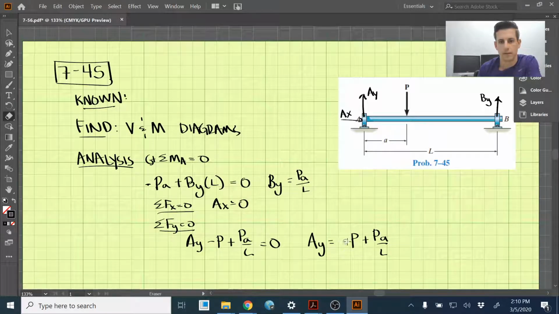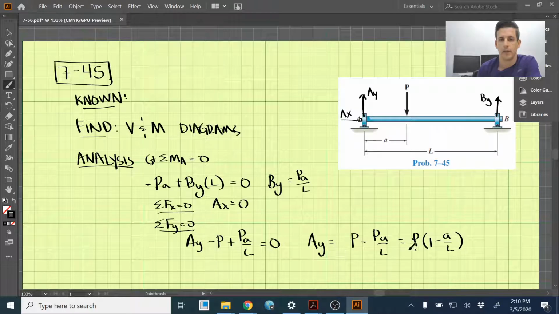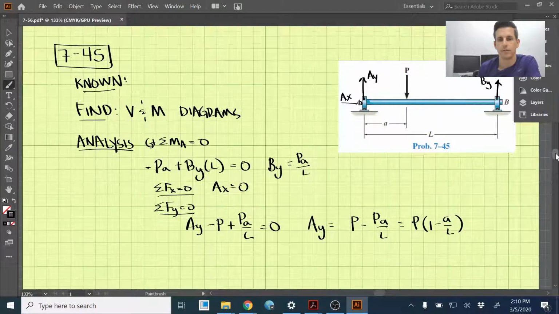So this turns positive, that one turns negative. And we pull the P out to the outside, we have P(1 minus A over L). Okay, so that's our Ay. Now we have the reaction forces, we can move on to the internal forces.